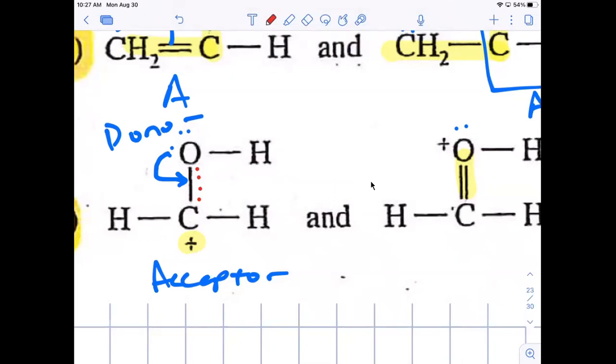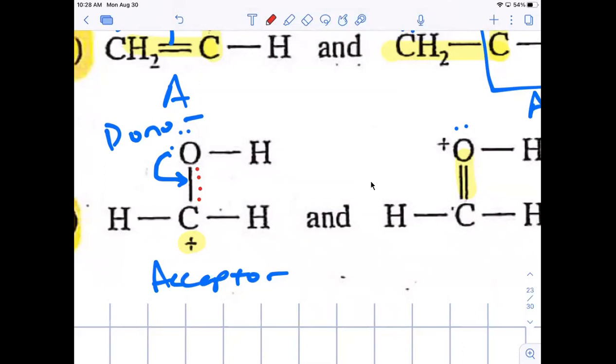And so that stabilizes. I think in one of the videos I used a person holding some kind of load, like bricks or whatever. And the fact that they were able to share that load with another person meant that they were not as burdened. So I'm using that as an analogy. If I have a charge on an atom and I want to delocalize it, the best way to do it is through resonance.